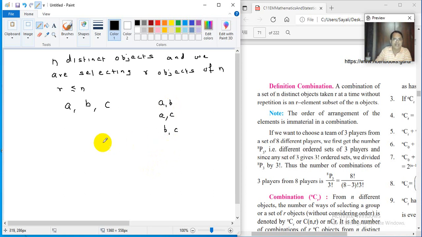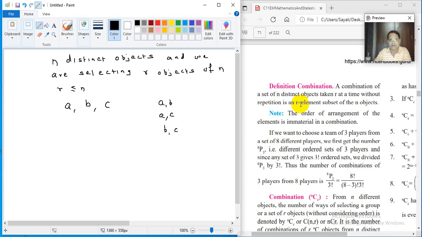म्हणजेच थोडक्यात काय की ह्या तीन एलिमेंट्सचा वापर करून मी दोन एलिमेंटचे किती सबसेट्स तयार करू शकतो. बघा तेच त्यांनी म्हटलंय, r element subsets of n objects, right. सो कॉम्बिनेशनची जी डेफिनेशन आहे ना ती बघा काय आहे.